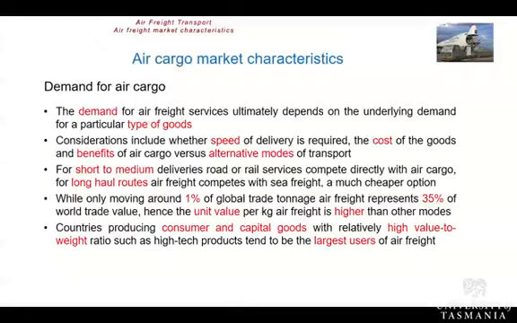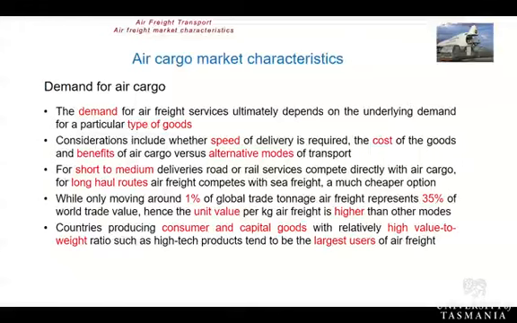So what we find is that countries who are producing capital goods, producing consumer goods, such as high-tech goods, tend to be the highest users of air cargo. And that's because the consumer goods, the capital goods, are high value to weight.